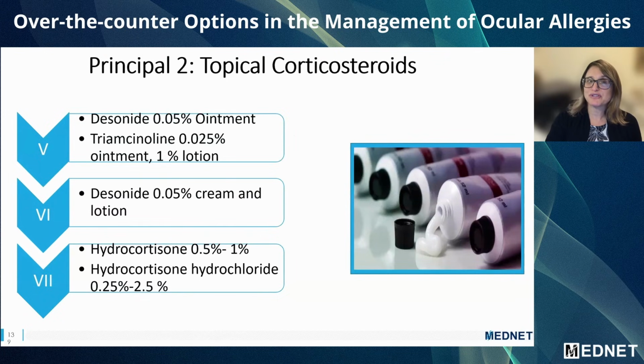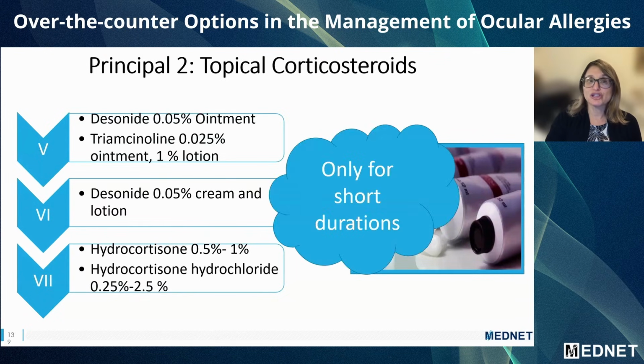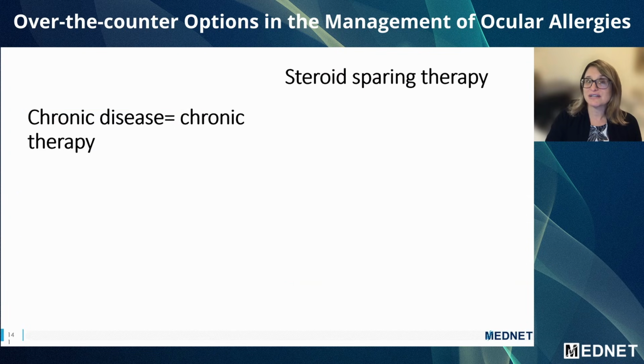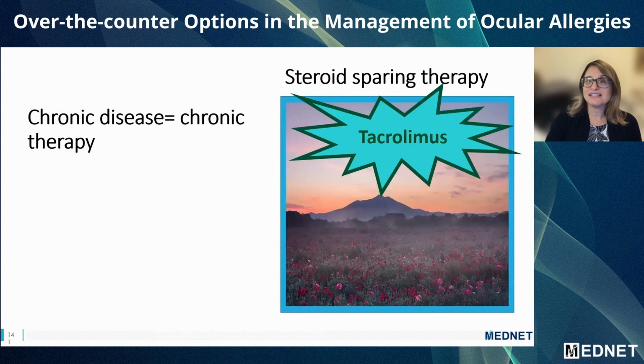Using topical corticosteroids when you need them in the lowest potency you can for the shortest duration you can because steroids have side effects. But the biggest punchline in AKC, unlike SAC and VKC, is that it is a chronic disease and it needs chronic therapy. And so here, steroid-sparing therapy is so important.